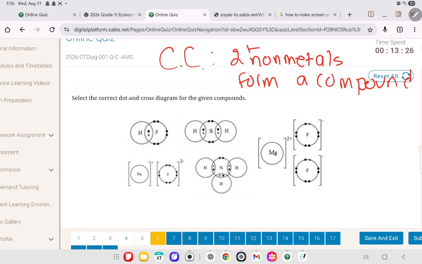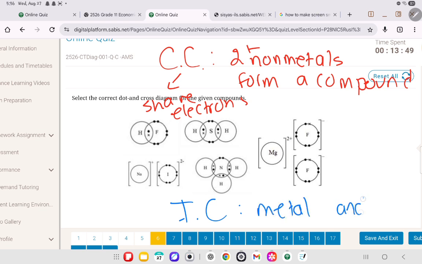This is a covalent compound. They will form covalent bonds, or in other terms, they will share electrons. Whereas when we are dealing with the ionic compound, which is IC in another term, it is when a metal and non-metal exchange, here's the keyword, exchange electrons.